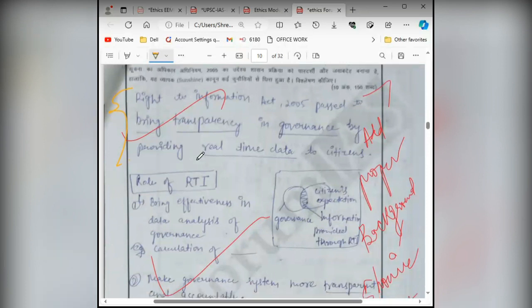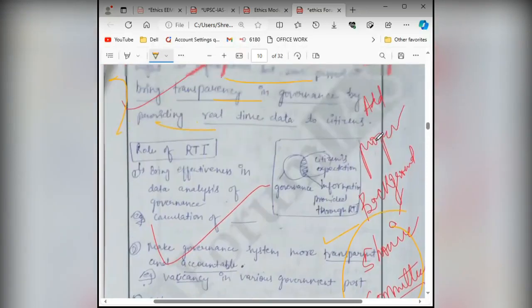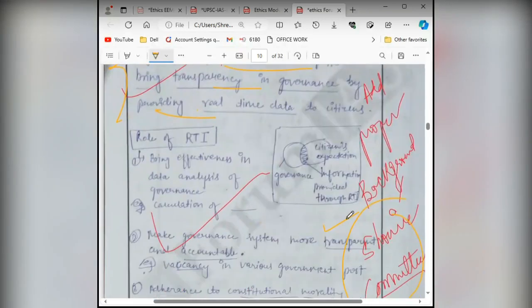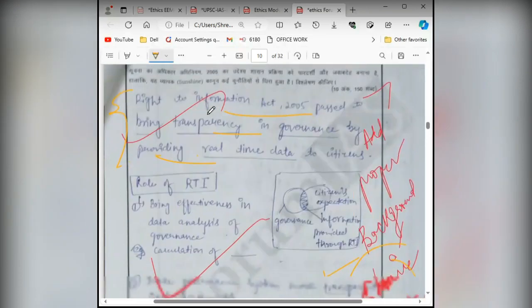Don't you feel this introduction is really simple? You could have added more. For example, I asked her to add the Shourie committee, which is associated with the Right to Information Act. This committee was the foundation for the formation of the RTI.